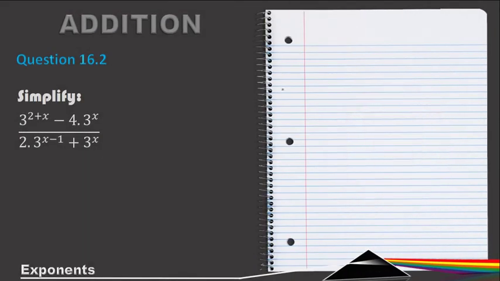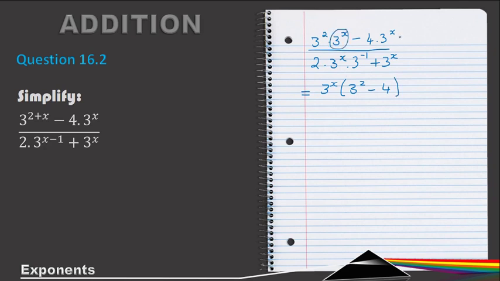Now for question 16.2. First step, we break it up. 3 to the power of 2 times 3 to the power of x minus 4 times 3 to the power of x, all over 2 times 3 to the power of x times 3 to the power of negative 1 plus 3 to the power of x. Then we factorize. 3 to the power of x comes out, and we're left with 3 squared minus 4.